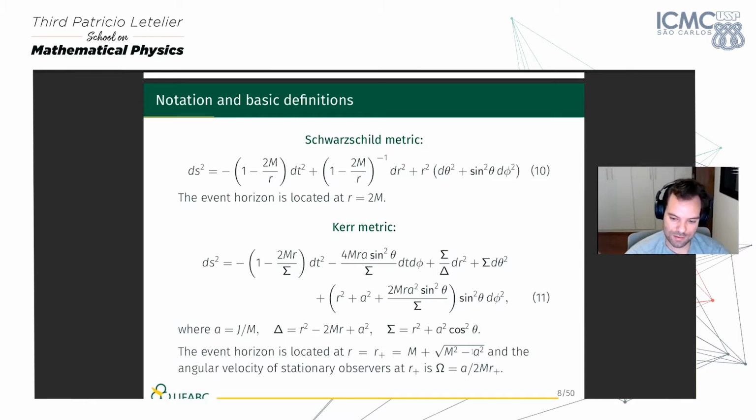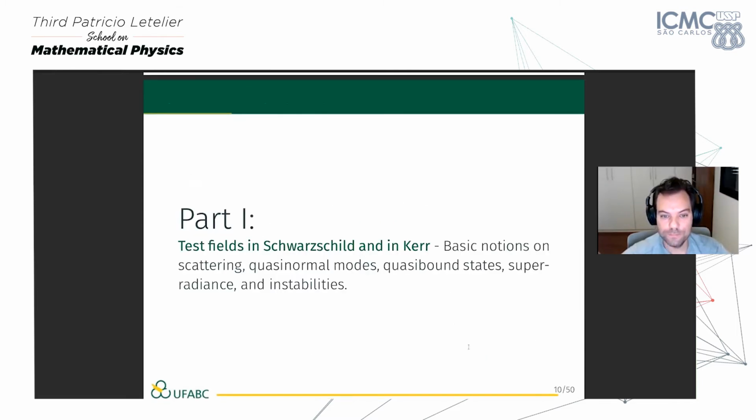So when A is larger than m, you don't have a black hole anymore. When A is equal to m, it's the case of an extremal black hole, called extremal because the two roots of the delta function coincide, so that they merge.